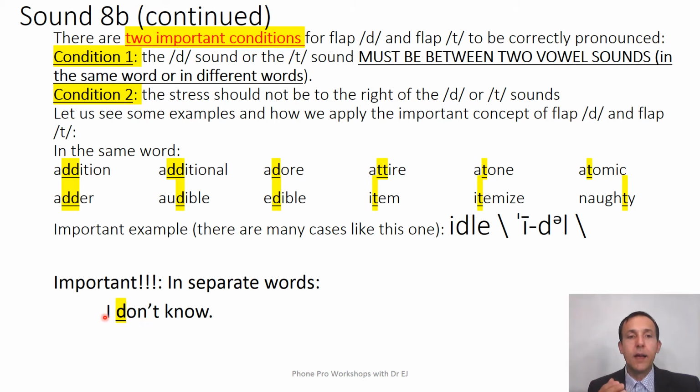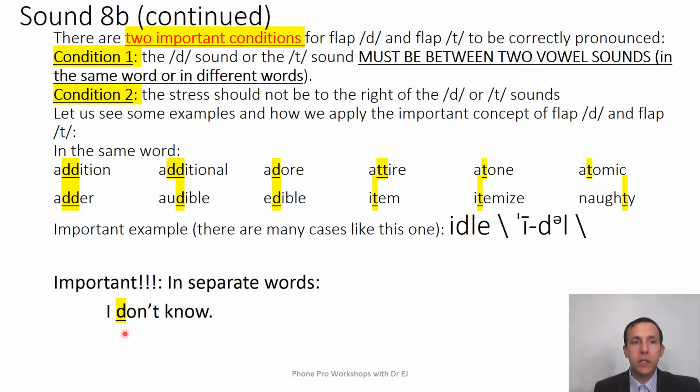So if I say da-da-da, da-da-da, the stress is on the last one. And this is exactly what happens when you say the sentence, I don't know. The stress is stronger on the last syllable, which tells you that then this syllable here is not stressed.